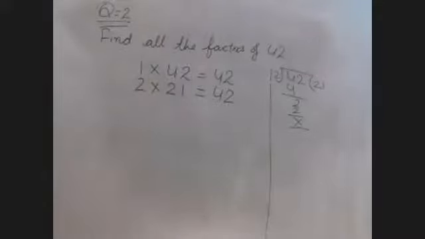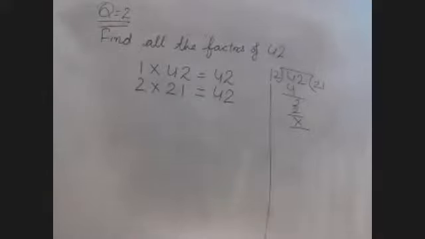Yes, friends. In this question, we are finding all factors of 42. The first and smallest factor of any number is 1. The last and largest factor of any number is the number itself. So the first factor is 1 multiplied by 42 is equal to 42.